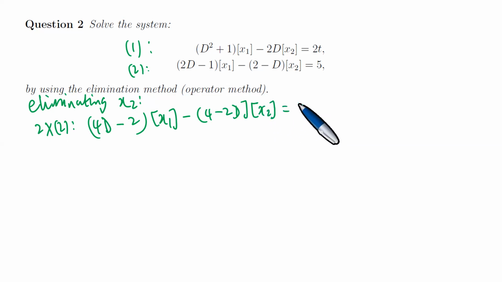You multiply by 2, it becomes 10. Okay, this is what we are able to get at this point.